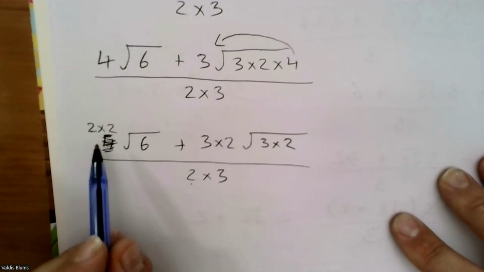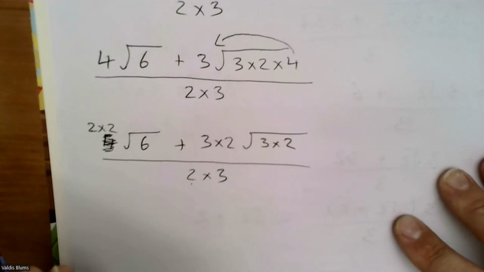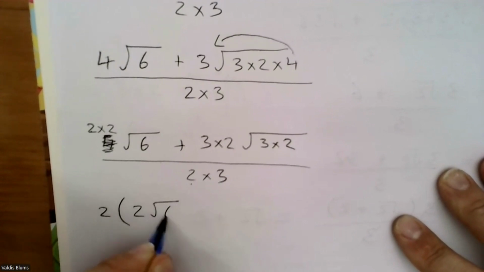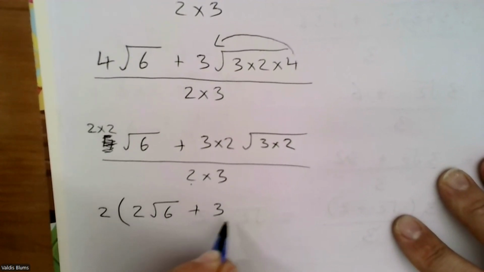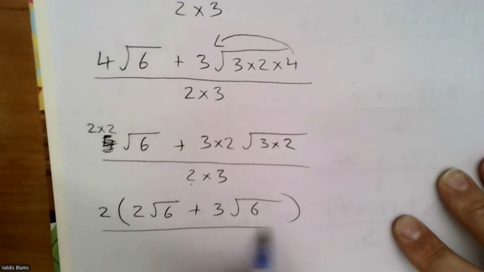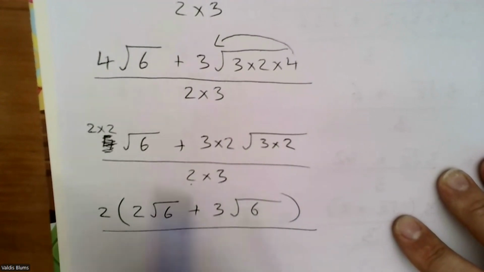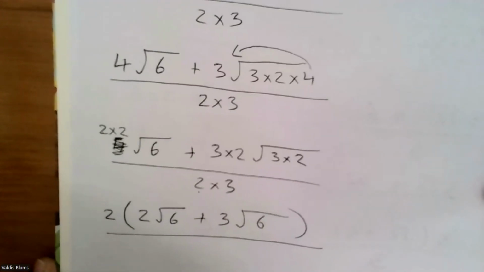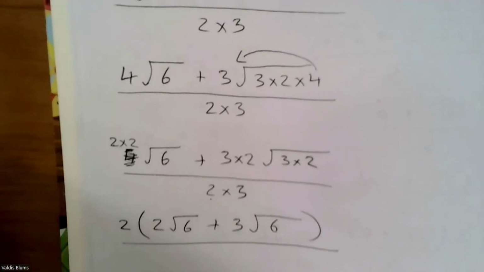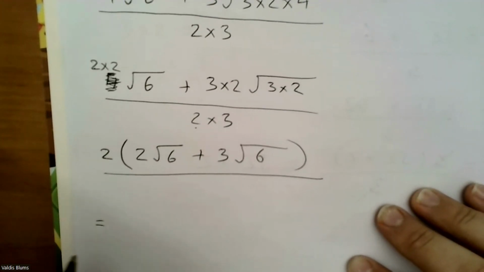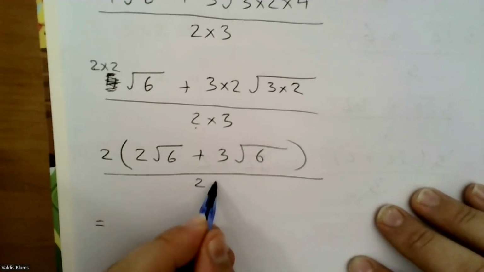So again, I'll just factorize the top so you can see what's happening. And at the same time, I have combined 3 by 2 to give me 6 here. So I've pulled this 2 out the front and I've pulled this 2 out the front. That is over 2 by 3.